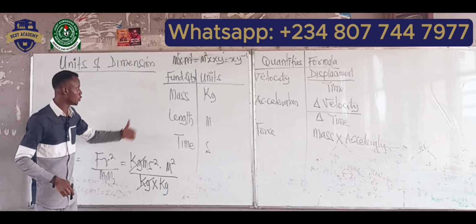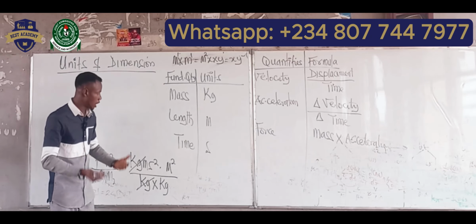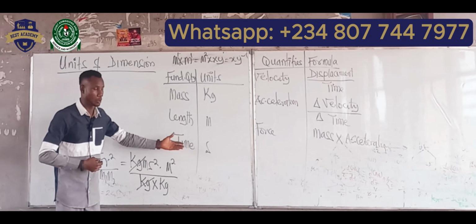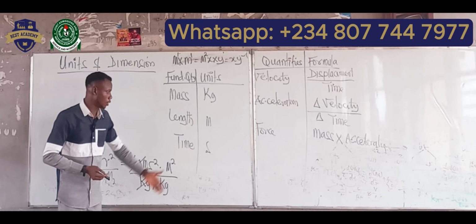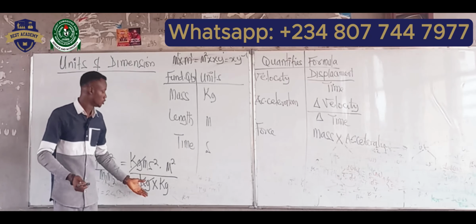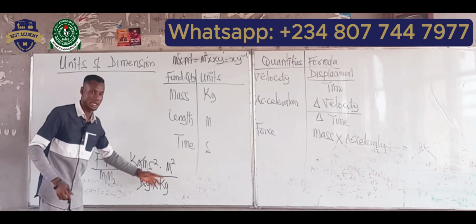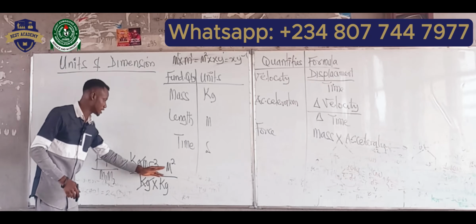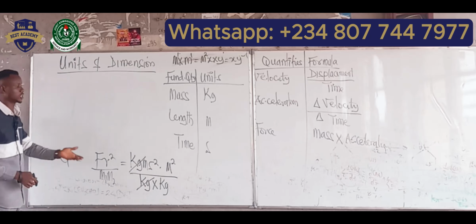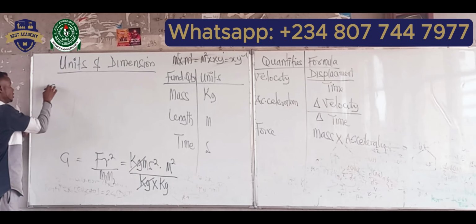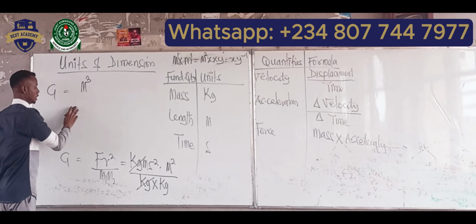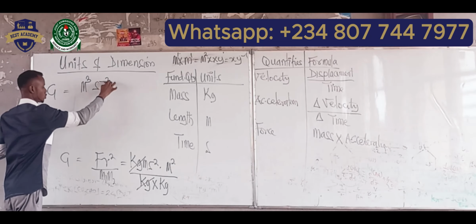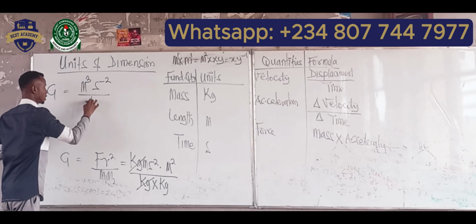We don't have only 1 kg. We must have 1 kg, 1 meter and 1 second for us to call it the answer. So to evaluate this, meter times meter squared gives us what? Meter to the power of 3. This will be G equal to meter raised to the power of 3 per second squared over kg.